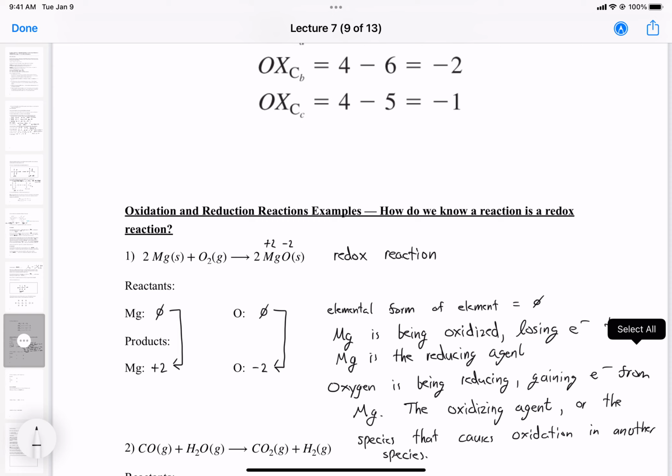So in this case, it causes something else to be reduced. So it's causing something else to take electrons from magnesium. So magnesium is still being oxidized. Okay, so that's the difference between reducing agent and oxidizing agent. Right? Okay, now let's move on to the next example.